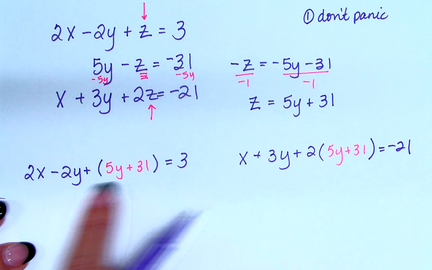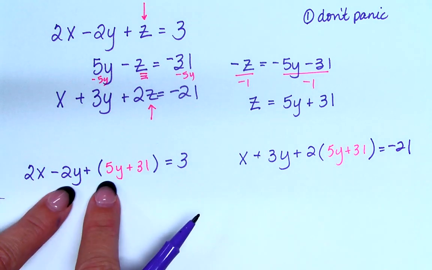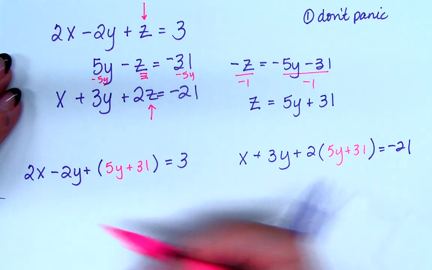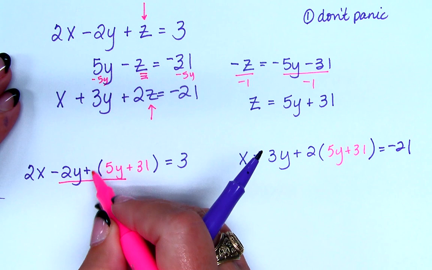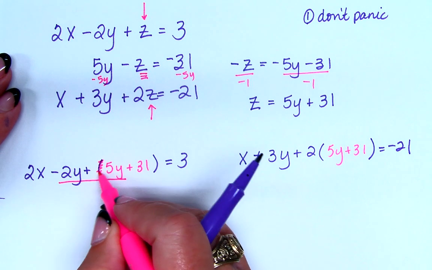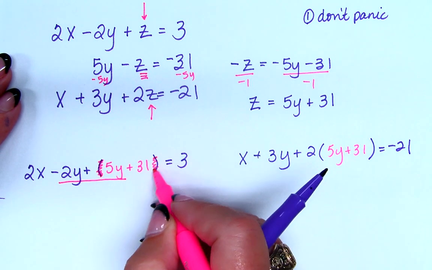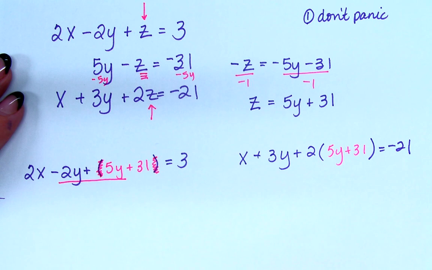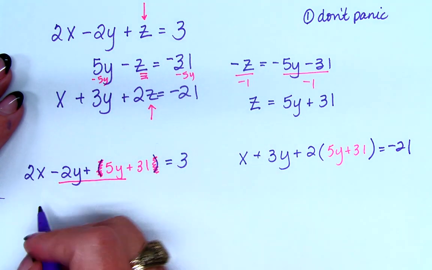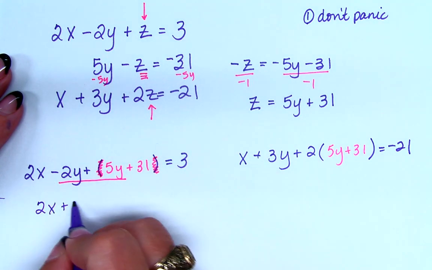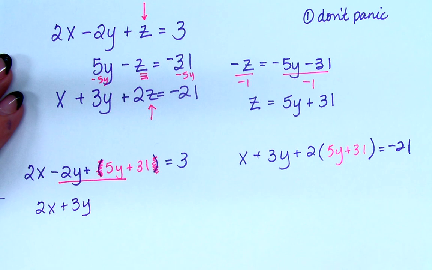So now, in this first problem, I need to combine my like terms, right? So I need to combine these two things. There's nothing to distribute here, so are these parentheses even necessary at this point? No, I just put them there because that's where the z was, right? So I have 2x plus 3y. What can I do with the 31?